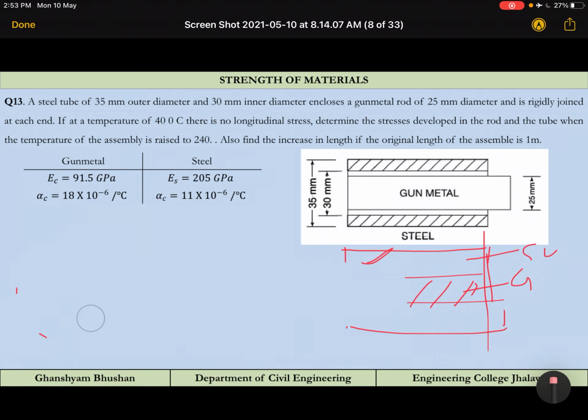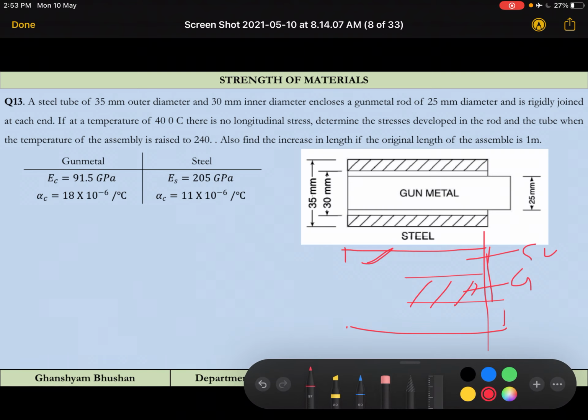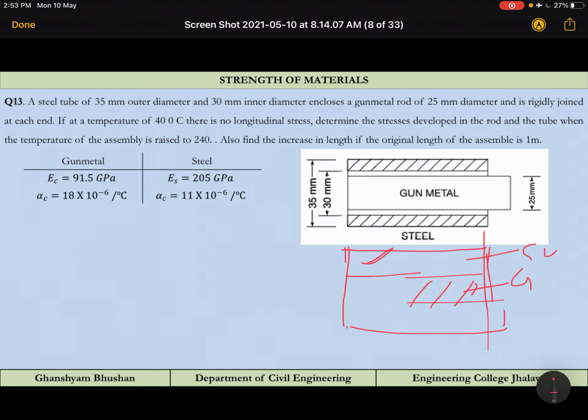What does this mean? This means if this rigidity is not there, gunmetal is going to expand more, it can be any value, and steel will come somewhere here. But this is not going to happen, they are rigidly connected.